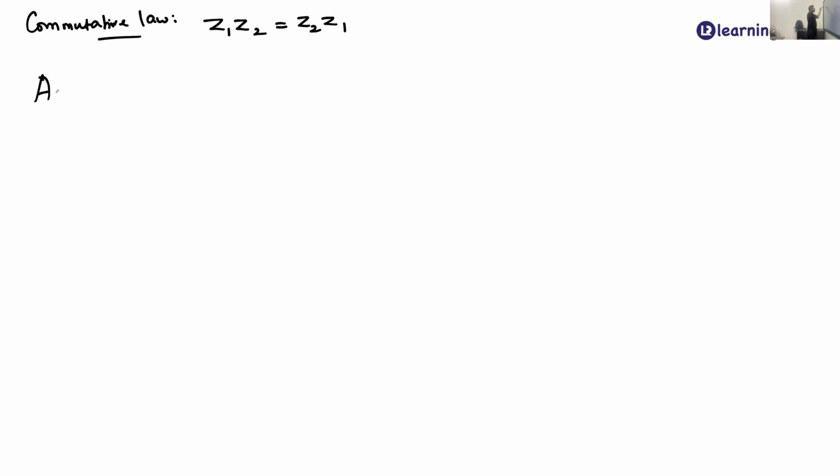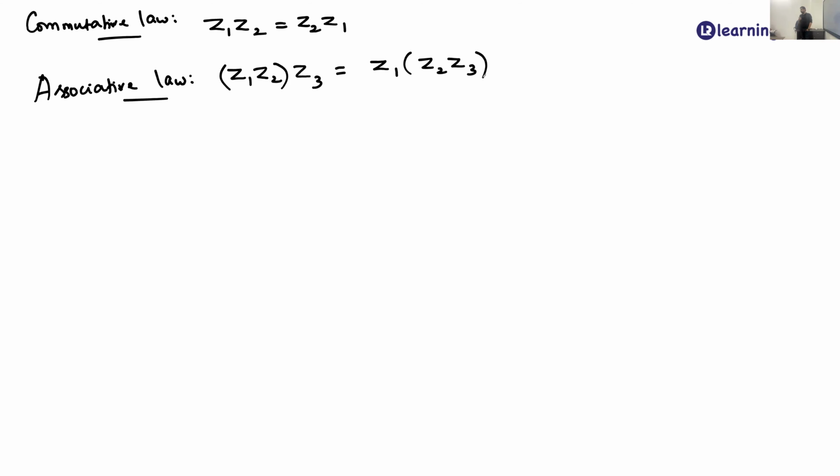The next one is the associative law, where Z1 into Z2 is multiplied first and then multiplied with Z3, which is the same as multiplying Z1 with the product of Z2 and Z3. Is that point clear?